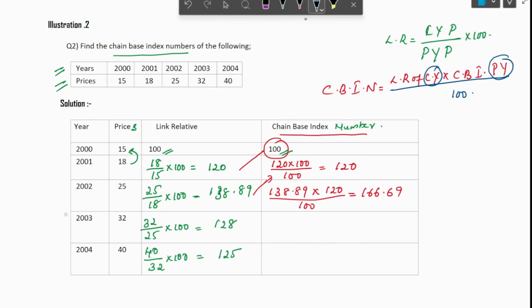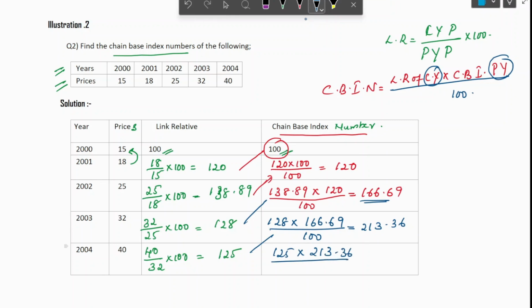The next one, you are multiplying this way, that is 128 into this answer, your previous year chain base index, 166.69, whole divided by 100. The answer is 213.36. Next, 125 into previous year 213.36 divided by 100. The answer is 266.7.